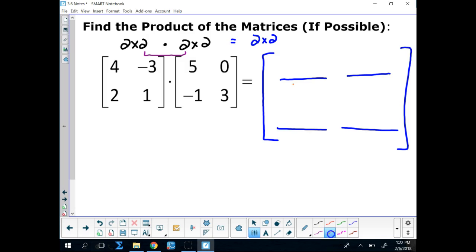So this is row 1, column 1. So I'm going to take the first row times the first column. So that's going to be 4 times 5 plus negative 3 times negative 1. Then I'm going to take the first row times the second column. 4 times 0 plus negative 3 times 3.